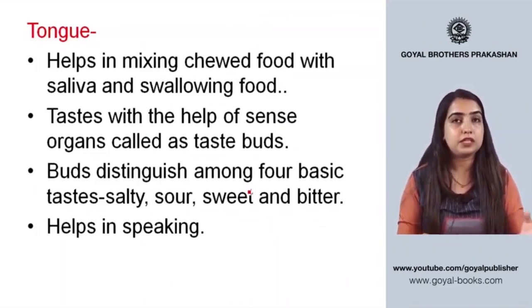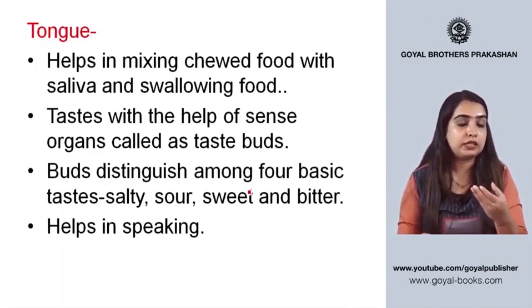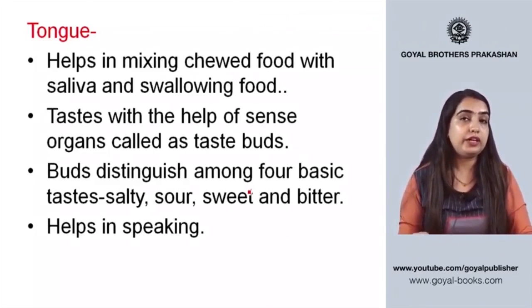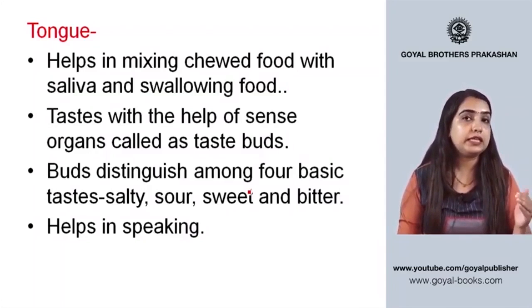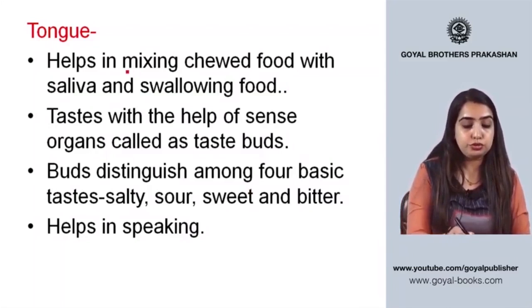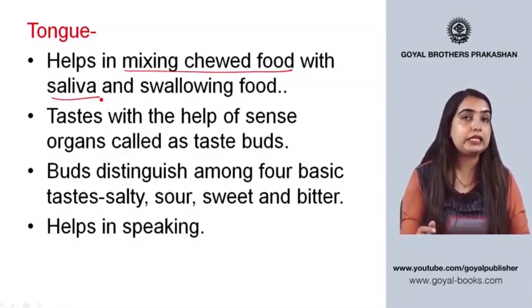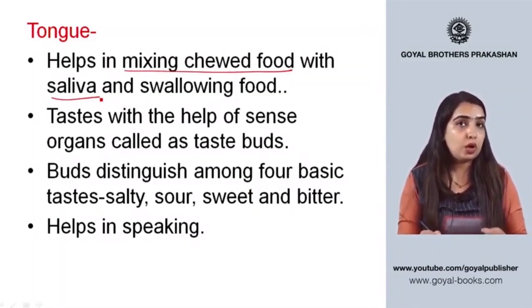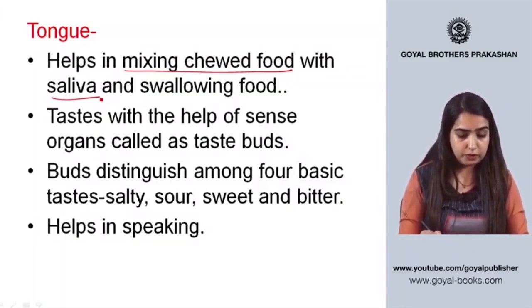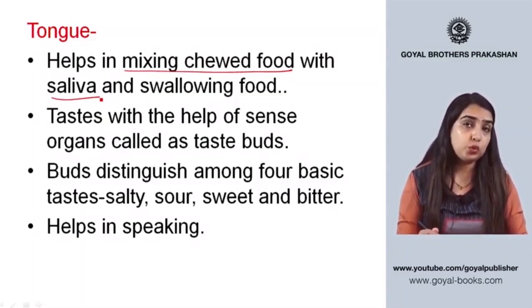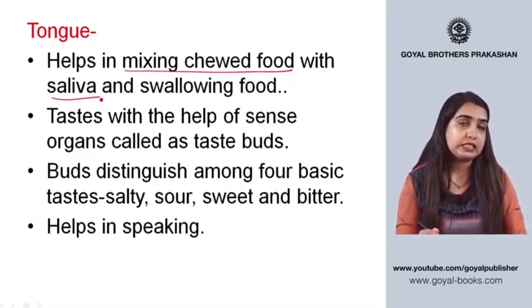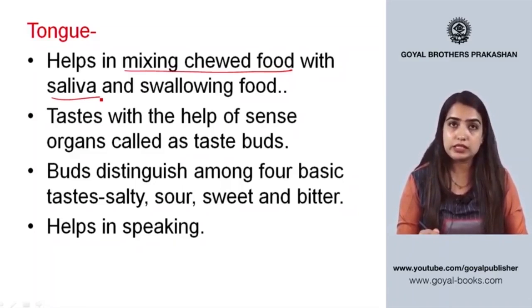Second, we have the tongue. The tongue is present in the mouth and is helpful for a number of things. First, it mixes chewed food with saliva and helps in swallowing the food as well. There are many taste buds present on the tongue because of which we can sense various tastes like sweet, sour, bitter, salty.